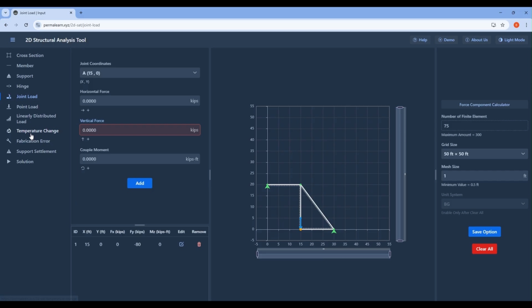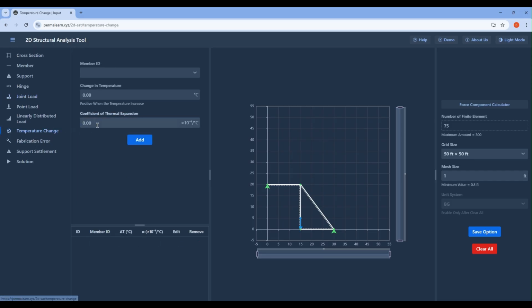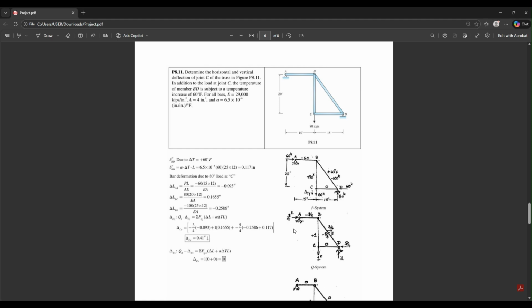And now let's jump to the temperature change, which is a new function where you can add the temperature change to the member you want. In this exercise, they mentioned that member BD here is subjected to a temperature increase of 60 Fahrenheit.